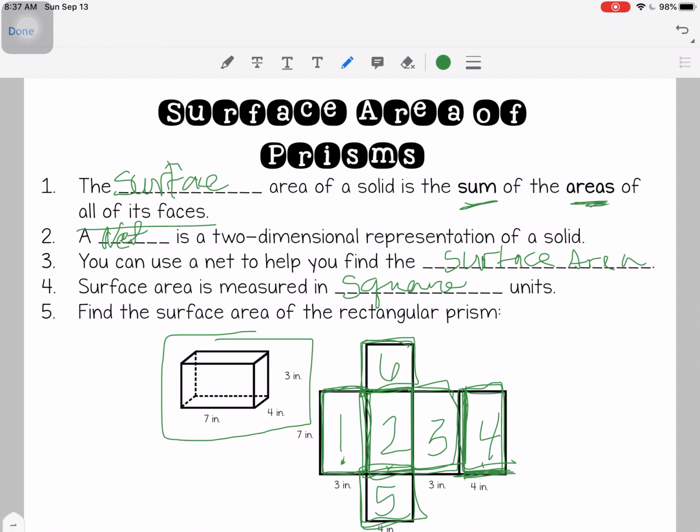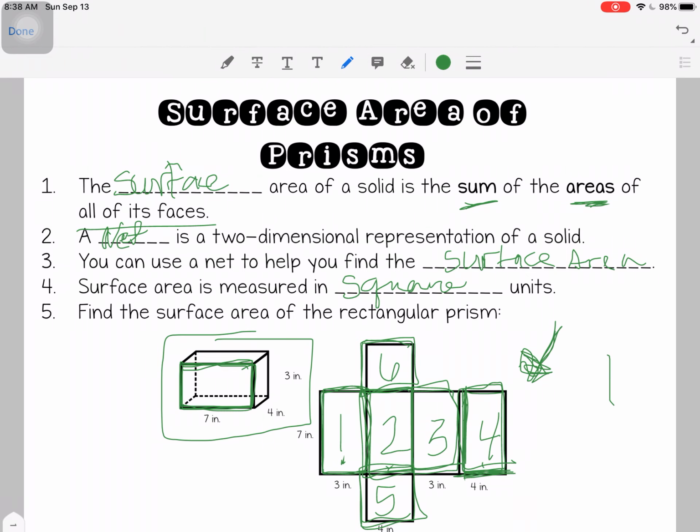A net is a 2D representation of the solid. Somebody cut open a box and laid it flat. That's how you get a net. You can use the net to find the surface area, or you can simply look at each face of the prism to find the area of each.